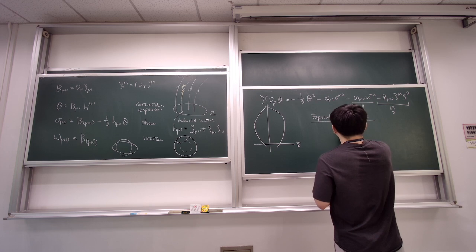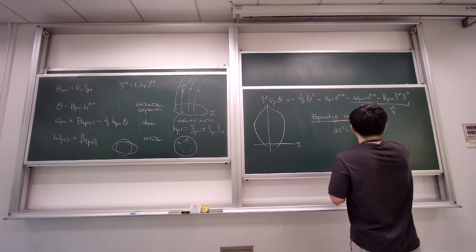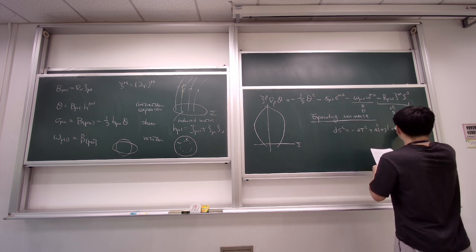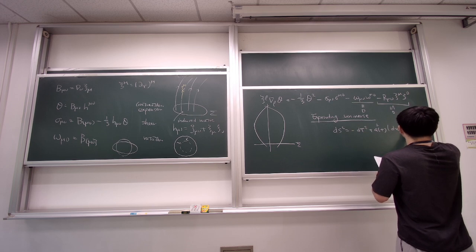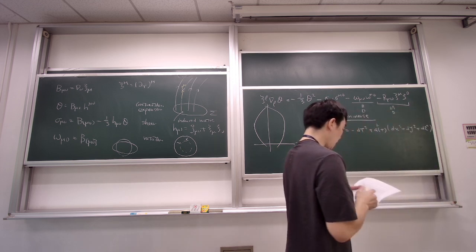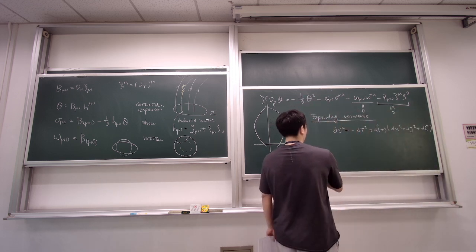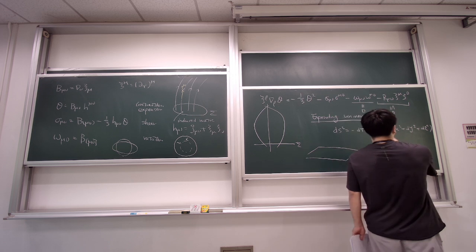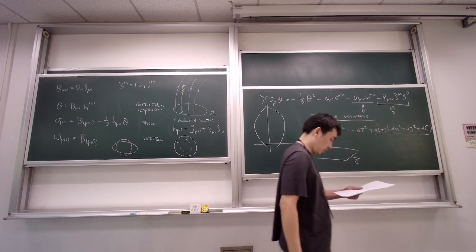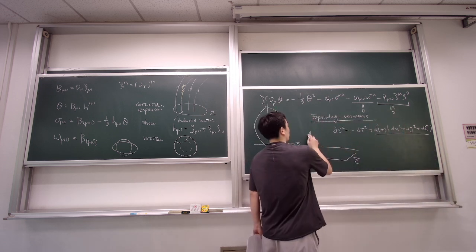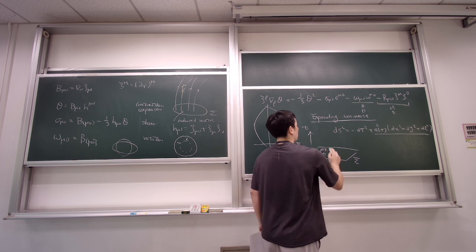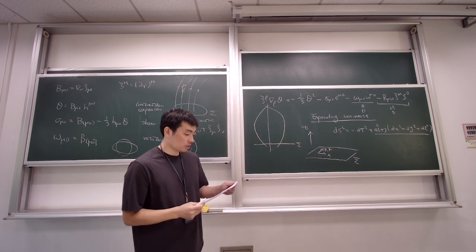If you consider ds squared is equal to minus dt squared plus a of t squared times dx squared plus dy squared plus dz squared, you can easily see that the space component sigma is the one given here, and the time direction is t. So this is the x, y, z direction, this is the spatial circle.